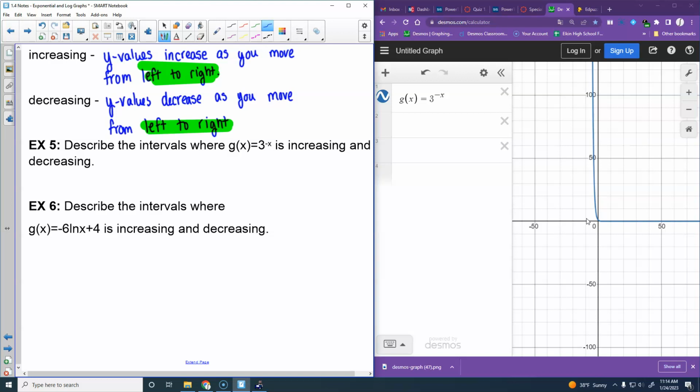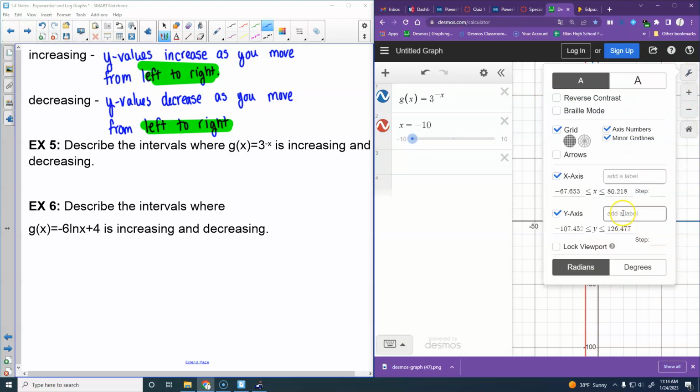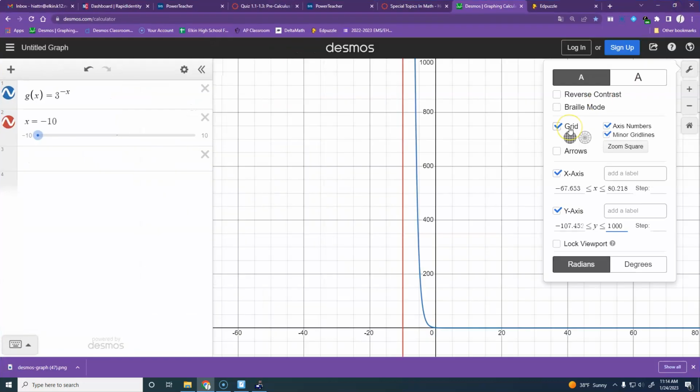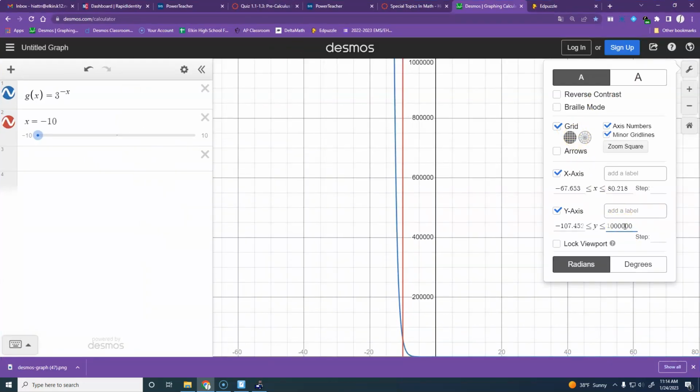What did we say for domain of exponentials? All real numbers all the time, right? So even though if I put x equals negative 10, it kind of looks like it is a vertical asymptote somewhere around that point, if I zoom out enough, if I make my y-axis 100 and keep putting zeros, it eventually crosses it.